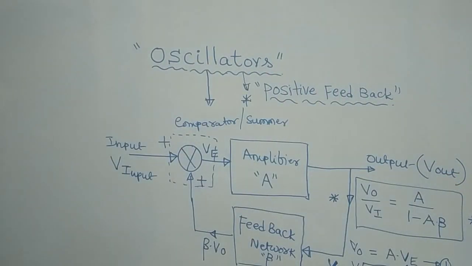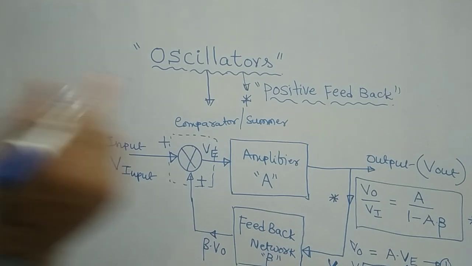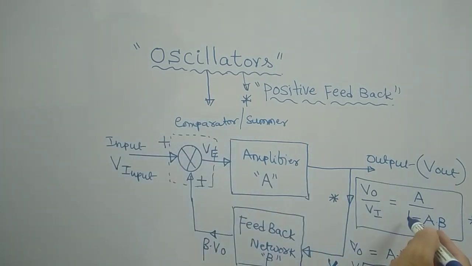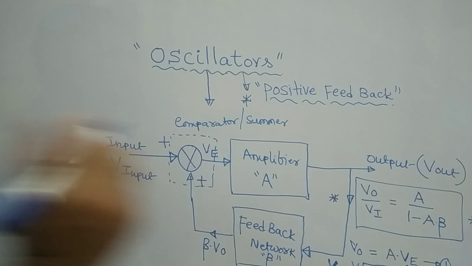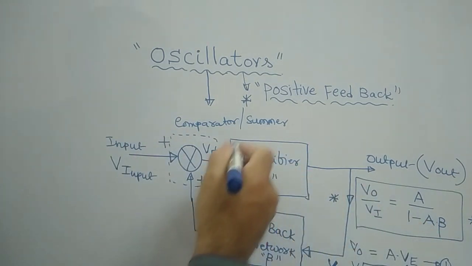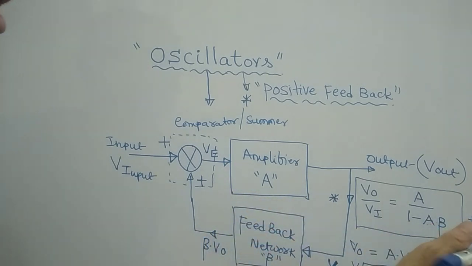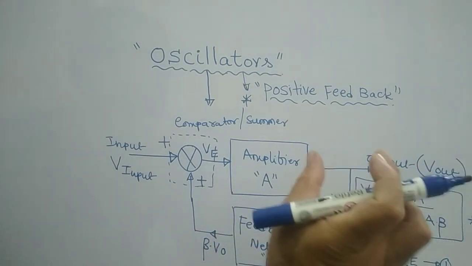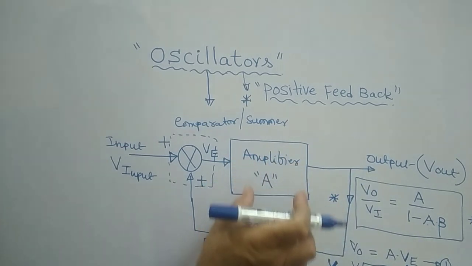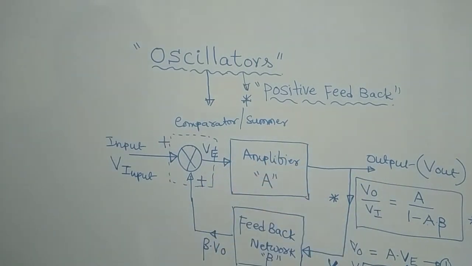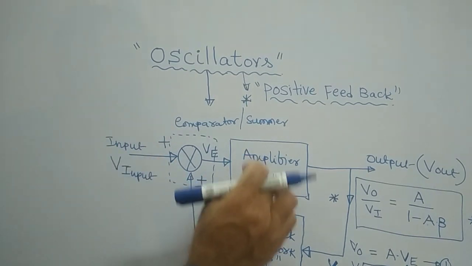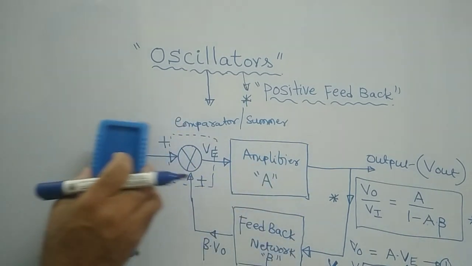This is very important, right? Now, if you see the denominator here, 1 minus A beta, what is A? A is the gain of the amplifier, beta is the gain of the feedback network. So what is A into beta? That is the product of the gain of the amplifier and the feedback network. There is an important relation in the product of this loop gain.